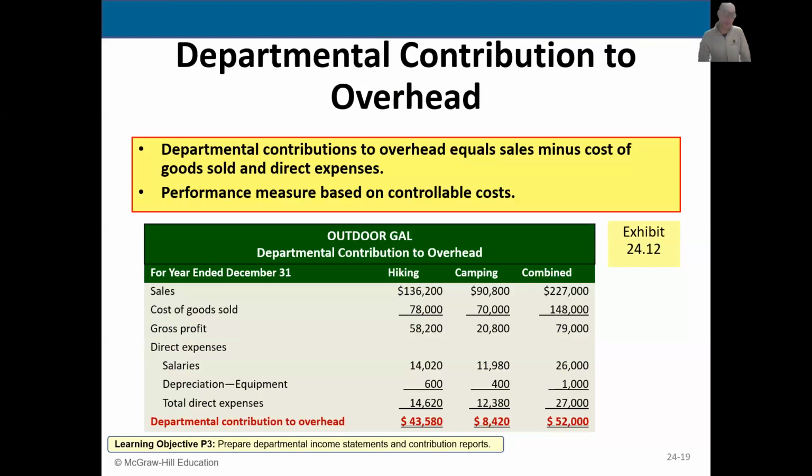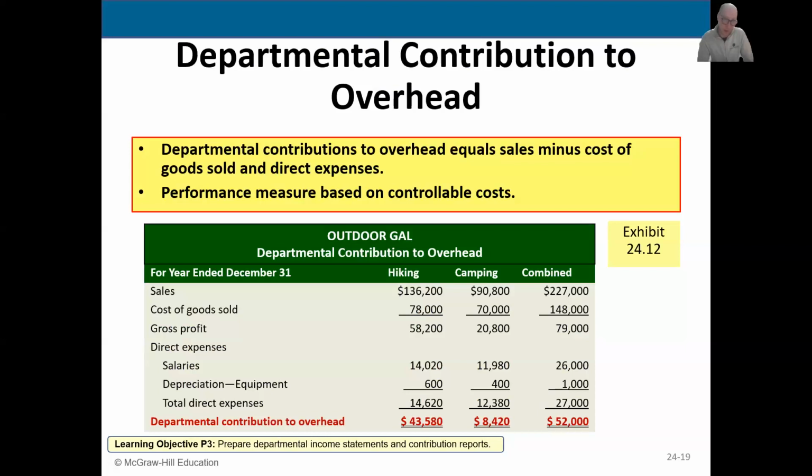We also need to be able to allocate overhead. Department contributions to overhead is sales minus cost of goods sold and minus direct expenses. Sales minus cost of goods sold equals gross profit.